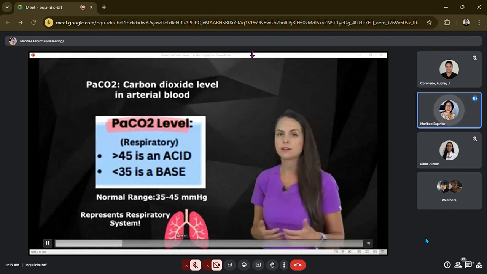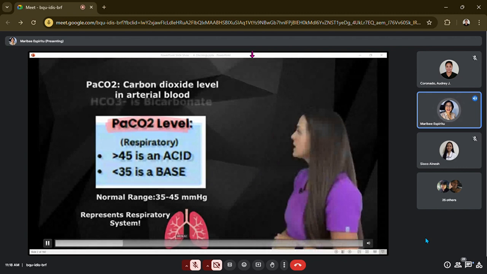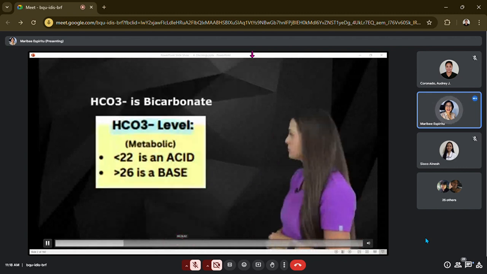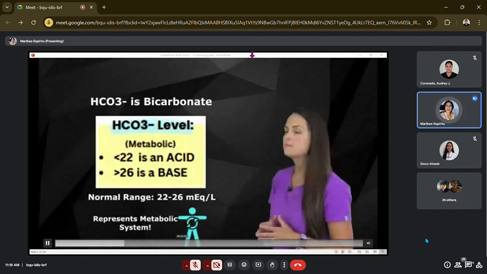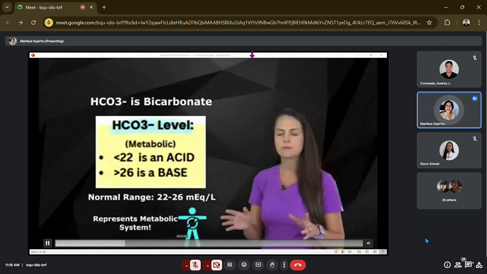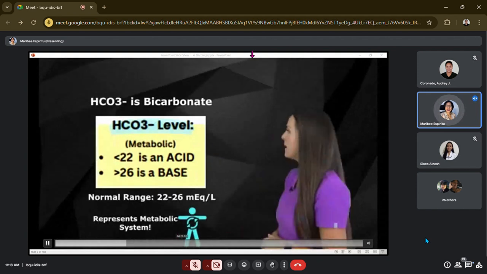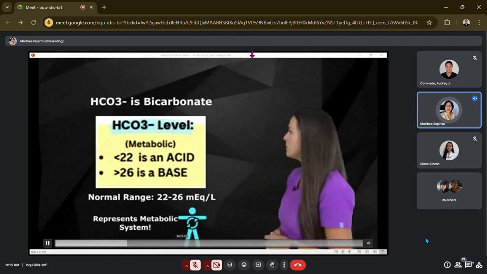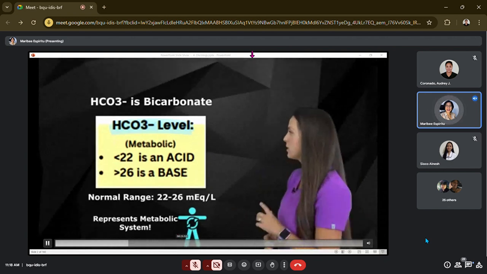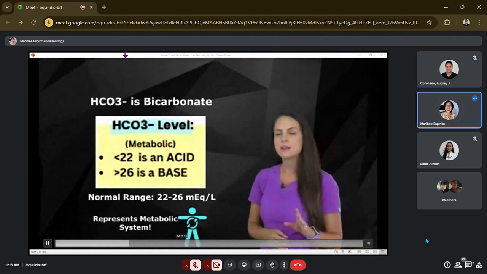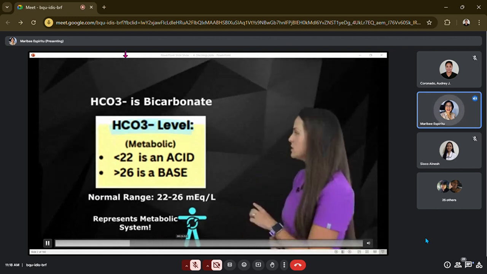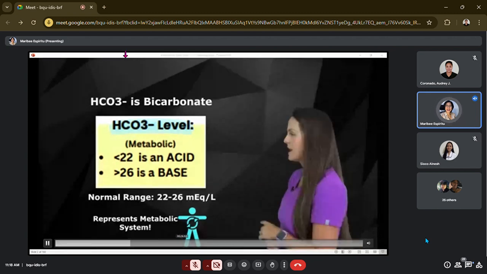Then you want to look at the bicarb, which is HCO3. This always represents the metabolic system. So HCO3 is metabolic, PaCO2 is respiratory. A normal bicarb level is between 22 and 26 milliequivalents per liter. So anything less than 22 is an acid, and anything greater than 26 is a base.